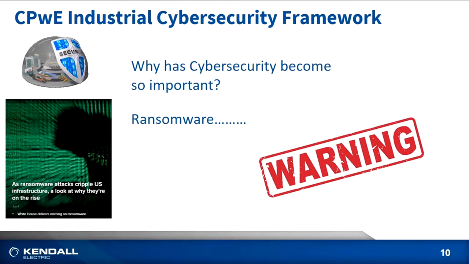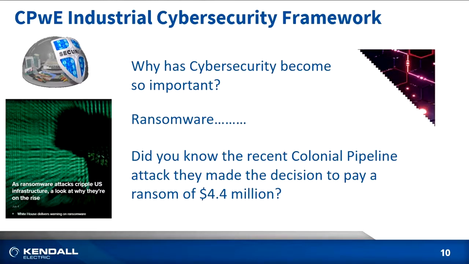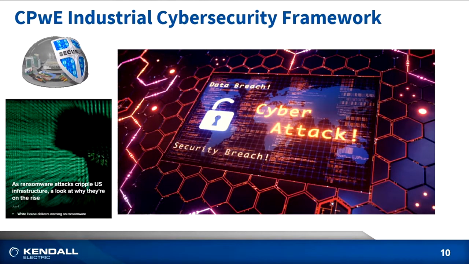Ransomware. Did you know the recent Colonial Pipeline attack, they made the decision to pay a ransom of $4.4 million? Ransomware is becoming more prevalent every day. The number of cyber attacks are continuing on the rise at alarming rates.